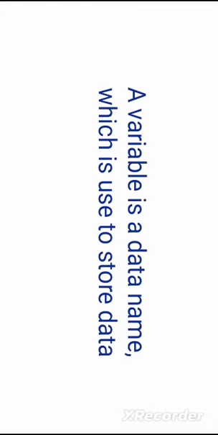So what is a variable? A variable is a data name which is used to store data values or symbolic names. I'll say that again. A variable is a data name which is used to store data values or symbolic names for storing programs. What that simply means is that a variable is simply a label that is used to store data.